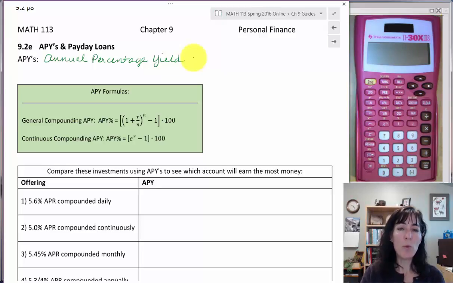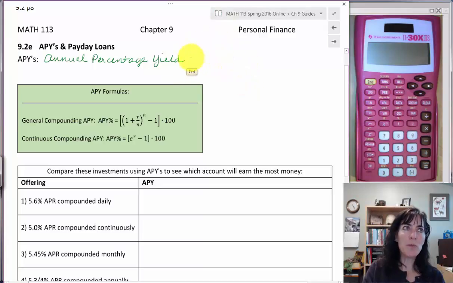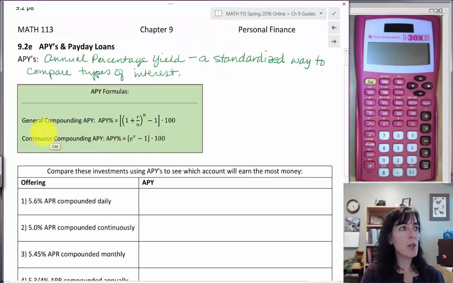So what we want is a way to compare all those accounts where we know that we're talking about the same values. The general compounding formula has its own APY calculation, and the continuous compounding formula has its own APY calculation.